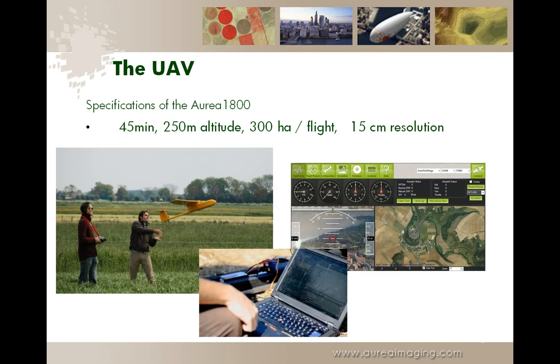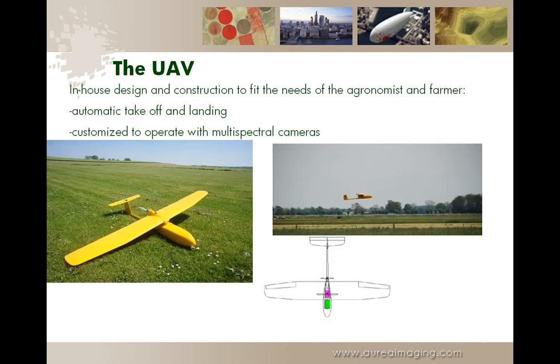Now, about the plane itself. It's the one you can see here. We designed it with our team in the Netherlands, and we are constructing it here in Argentina. It is especially designed to fit the needs of the agronomist and the farmer. Why is this?